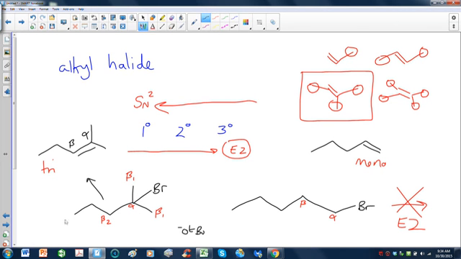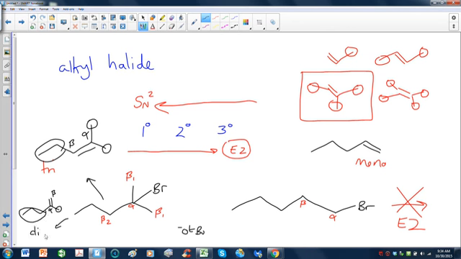Let me draw out the product that you would get if we remove the hydrogen from one of the beta 1 carbons. What we get would be this. There's the alpha carbon, there's the beta carbon. I don't know if you guys can predict it or not, but this alkene is tri-substituted. This alkene is only di-substituted.